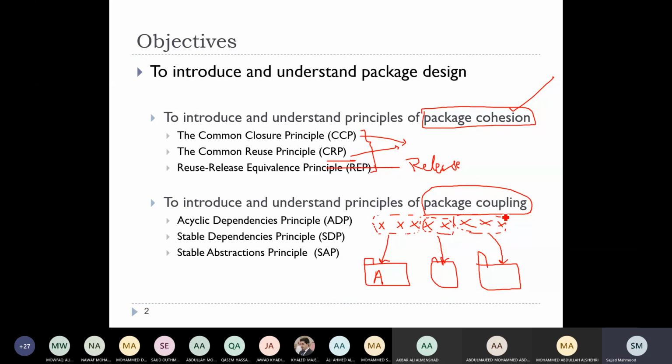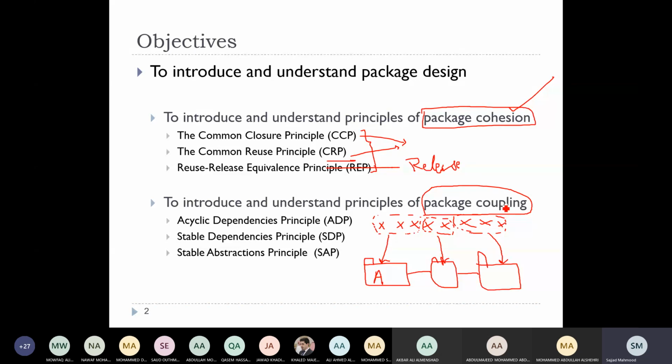Now, the coupling concept is another very important related concept. These classes I'm showing you with X are just a concept. These classes, of course, have associations between them as well, right? This means when you move them to packages using the cohesion principles, they will still have relationships between classes across packages, and as a result you will start having relationships or dependencies between packages.